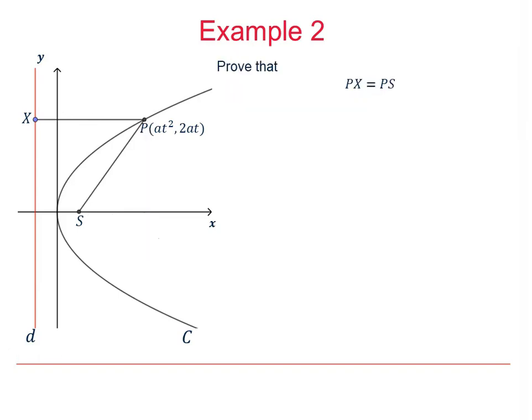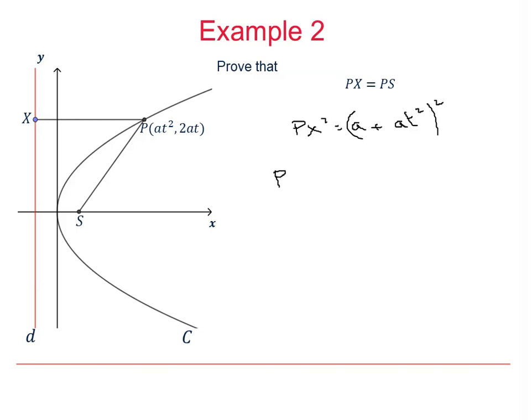Let's look at that then on the next diagram. So what we had was PX squared is equal to (a plus at squared) all squared.